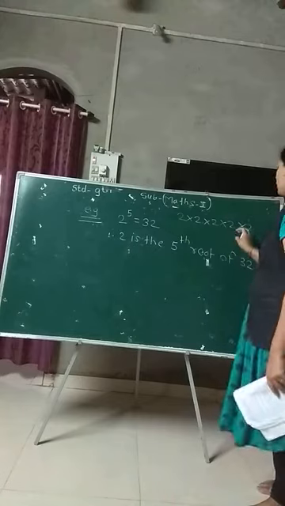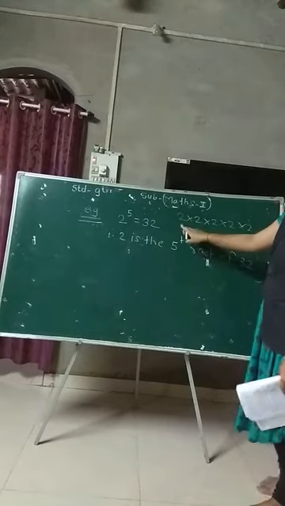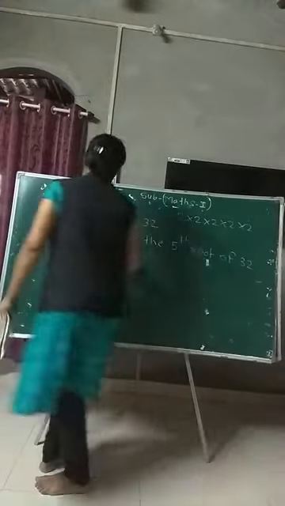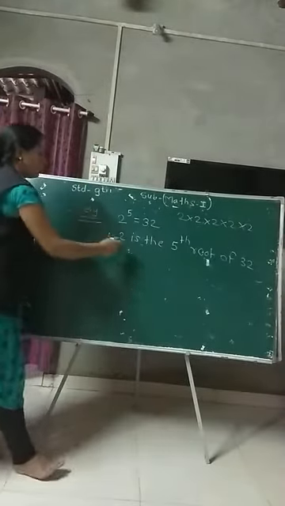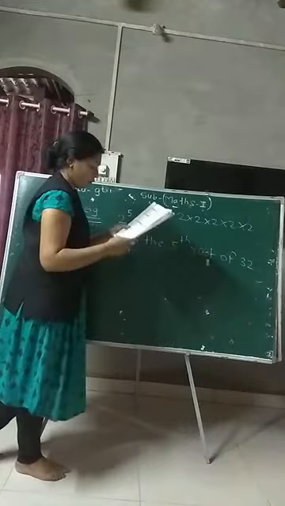So there are 5 twos, 2 raised to 5 is equal to 32, and 2 is the fifth root of 32.